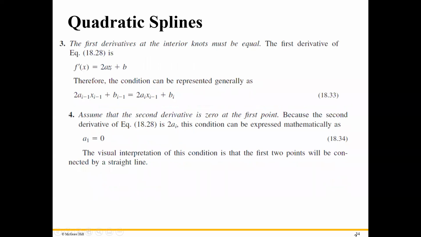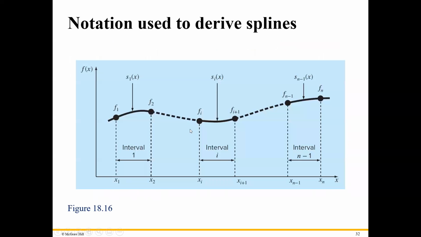And similarly, the derivative at the interior points must be equal. Okay, so that means, since the derivative gives the slope, the derivative at these interior points must be equal. So that means the curve should be continuous at these points.